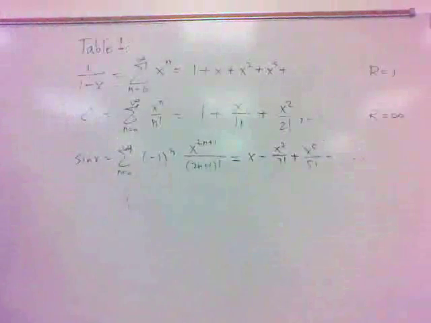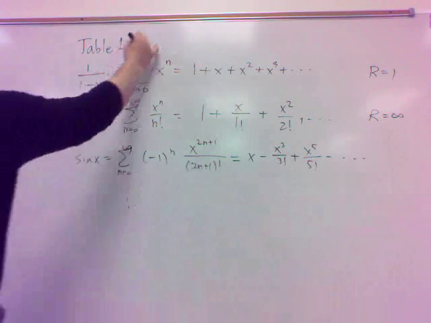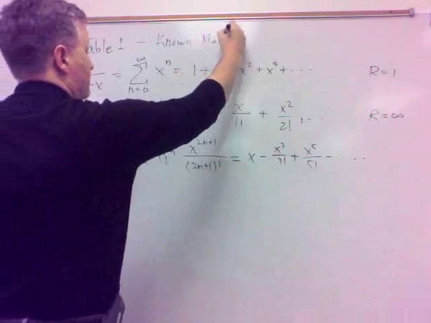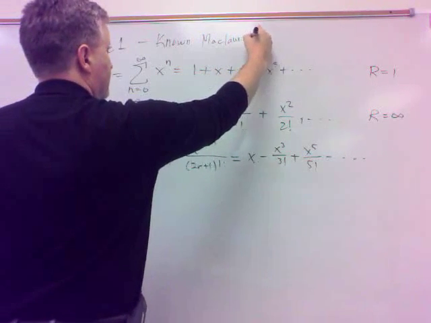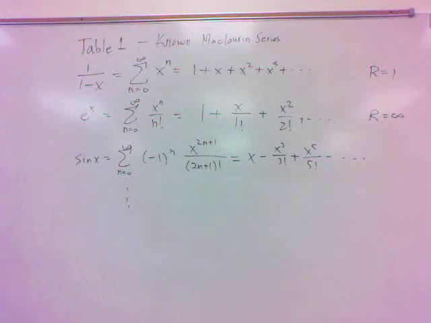Okay, there's some good news for Maclaurin series, and that is we are going to use Table 1, which is of known Maclaurin series. And remember, Maclaurin series were Taylor series, but they were Taylor series centered at a equals 0.